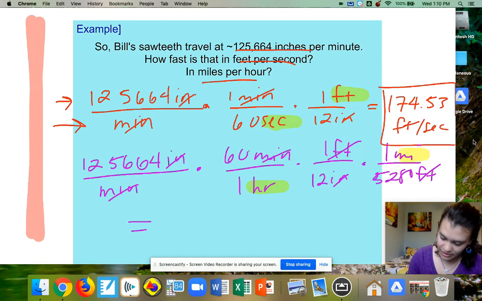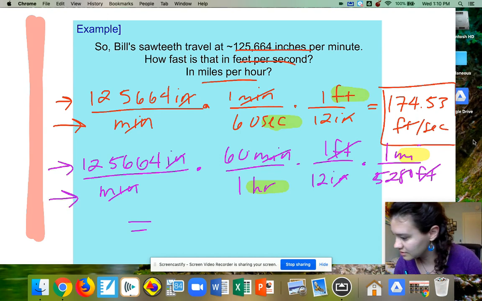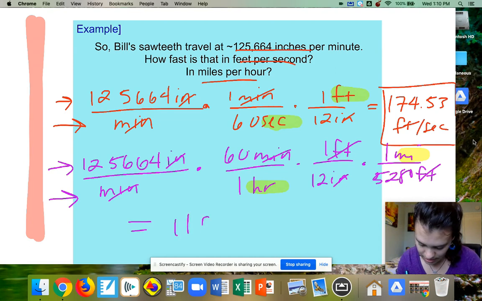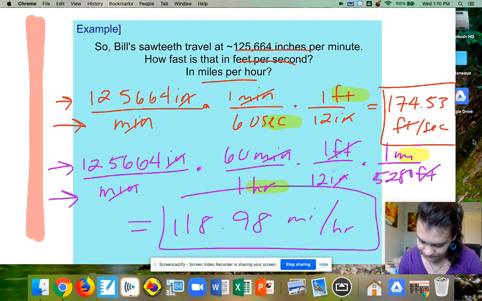So type everything into a calculator, multiply across the top, then multiply across the bottom and divide. And you should get 118.98 miles per hour. This up here, I think I have the decimal in the wrong place. It should be right here for your decimal.